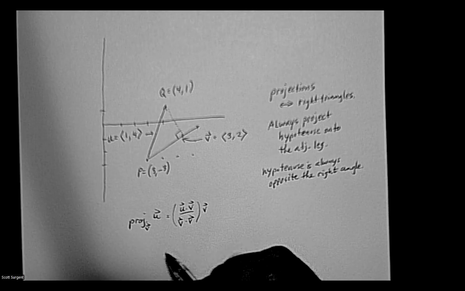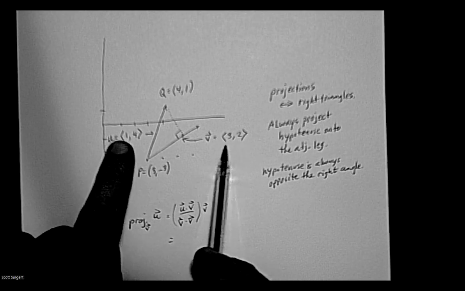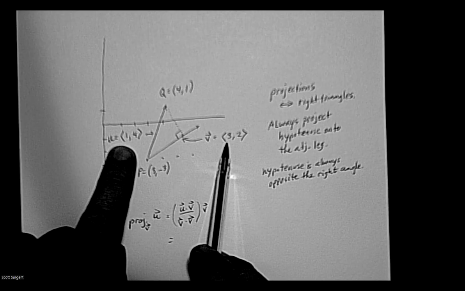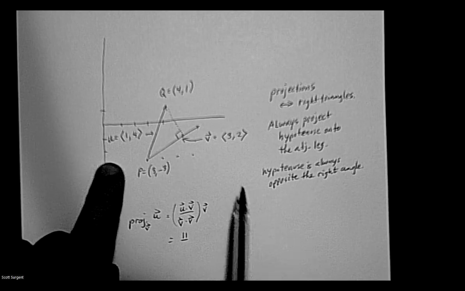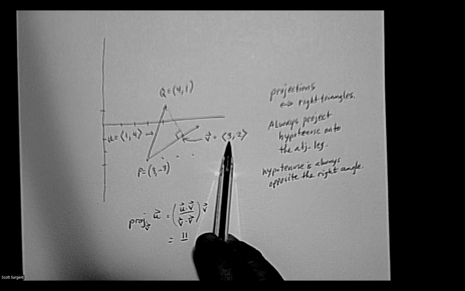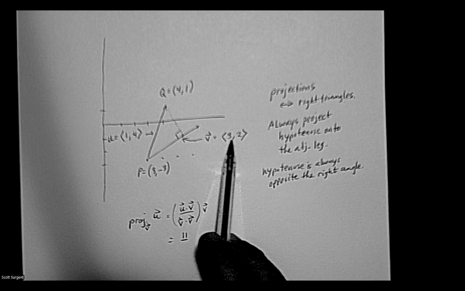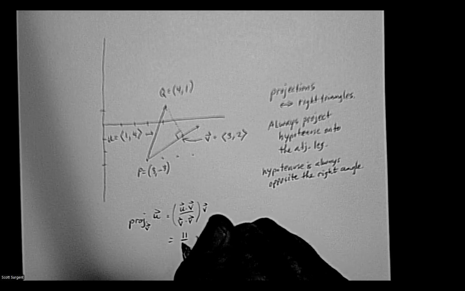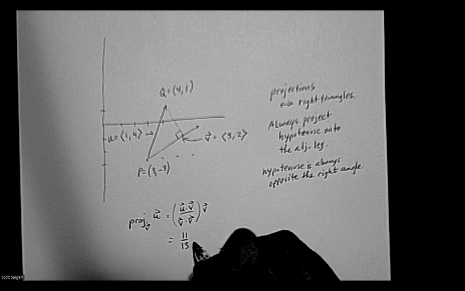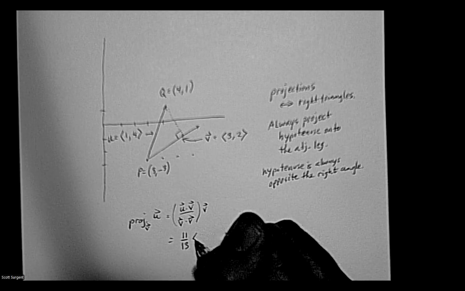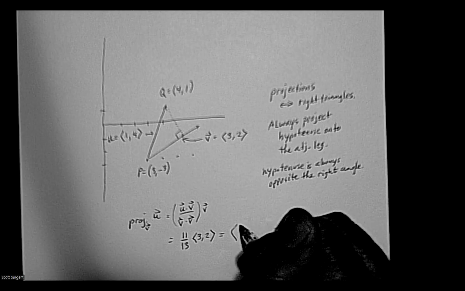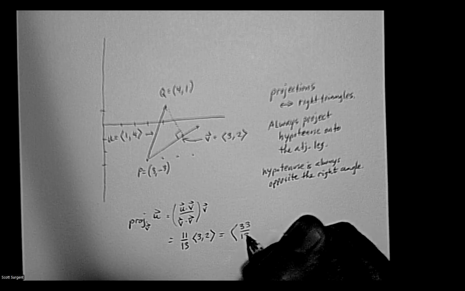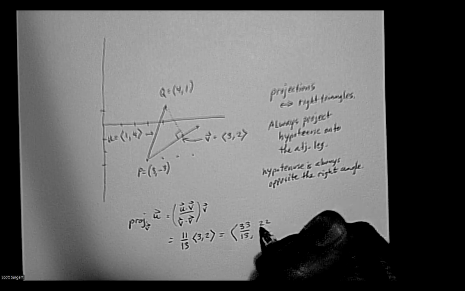Now u dot v is 1 times 3 plus 4 times 2, so 3 plus 8 is 11 in the numerator. V dot v is 3 squared and 2 squared, so 9 and 4 is 13. And then v is being altered. I'll distribute that. I get 33 thirteenths, 22 thirteenths.